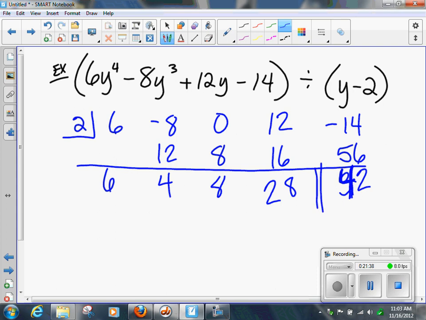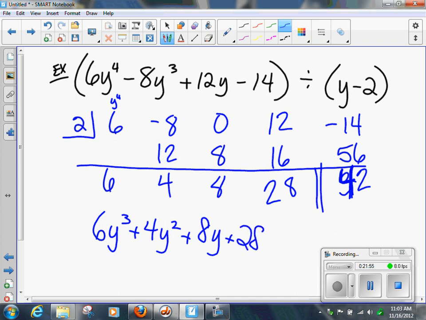I didn't draw my lines, that's why I couldn't calculate it. And if this is my y to the 4th, then the 6 is 6 what? 6y cubed plus 4y squared plus 8y plus 28 plus 42 over y minus 2.